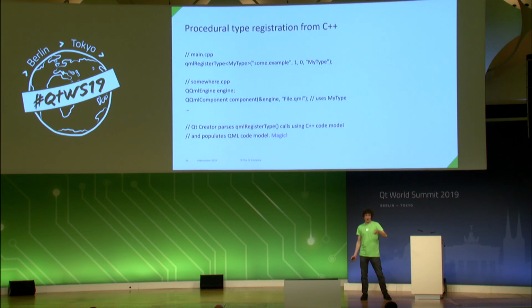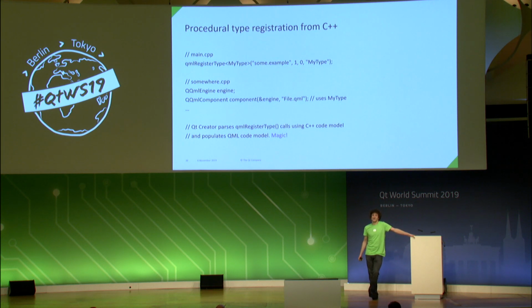Now, about the type registration. What you do right now is, typically, if you have an application that has some types to expose to QML, somewhere in your main CPP you call qmlRegisterType with some URI, version, and name. And you have about 20 of those typically. Then somewhere else, you instantiate an engine, create a component from a file, and probably create an object from that.